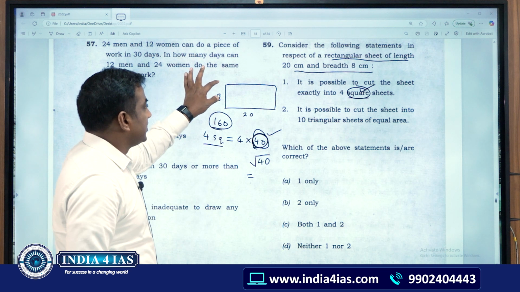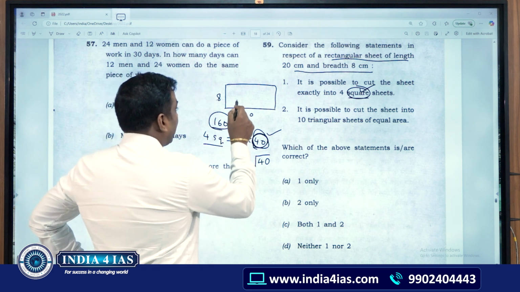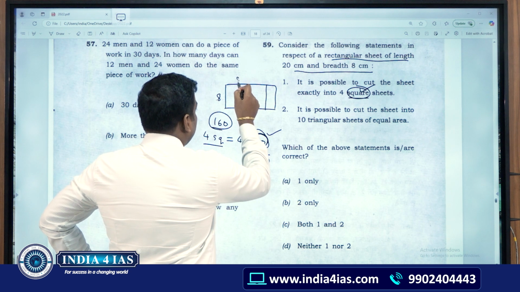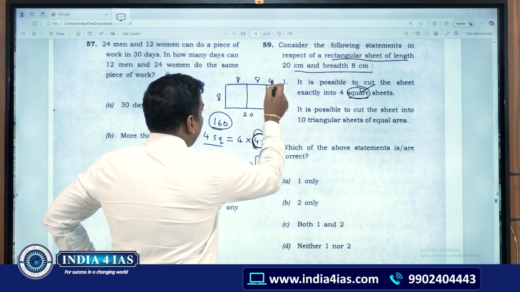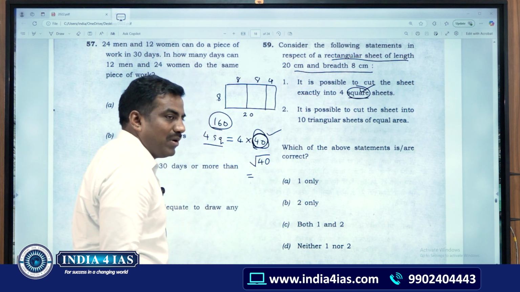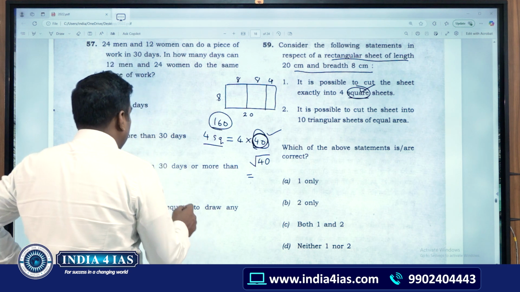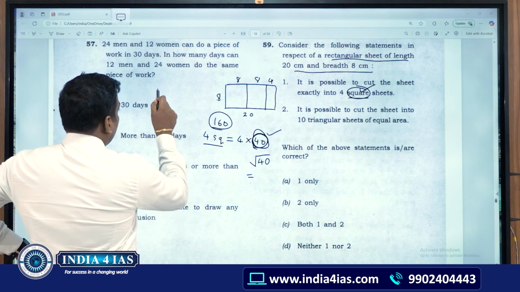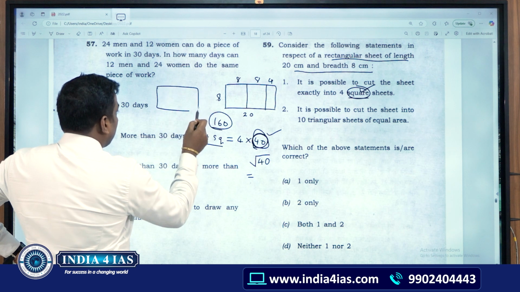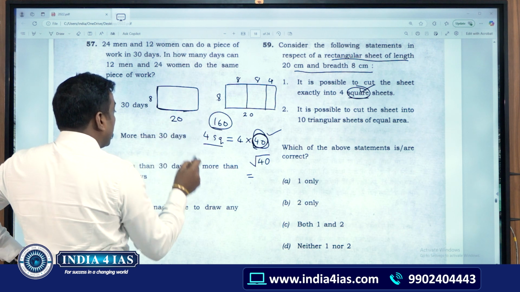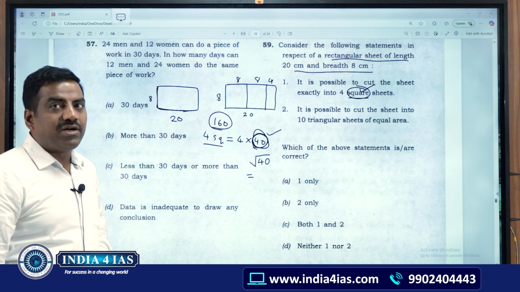So here 8 is there, 8 is there. If I cut 8 and 8, so this is 8 cross 8, 8 cross 8, but I am left with 4 here. So if at all you want to get this into square sheets, here this is 8 and this is 20. We have to go for the HCF of 8 and 20.